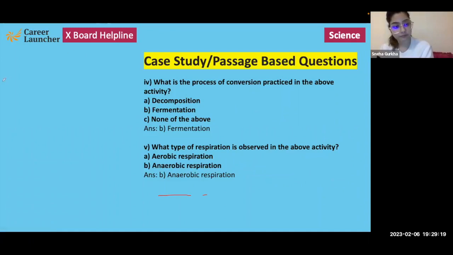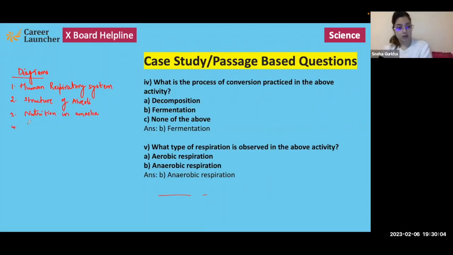Firstly, diagrams: human respiratory system, and structure of alveoli, nutrition in amoeba, the structure of human heart, human excretory system, structure of nephron, right?